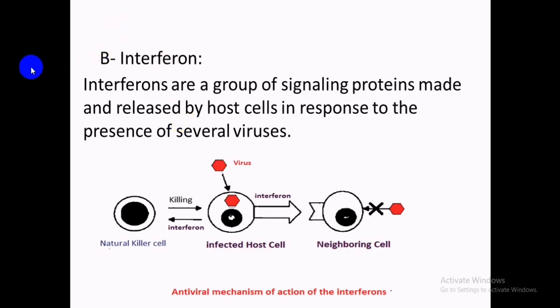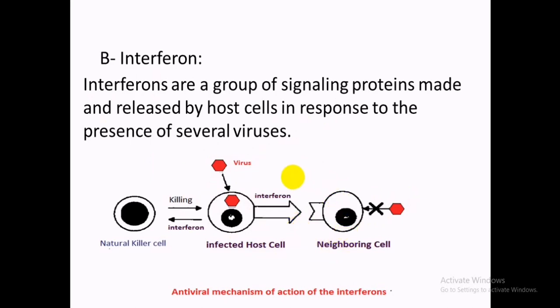A virus-infected cell will release interferons causing nearby cells to heighten their antiviral defenses.